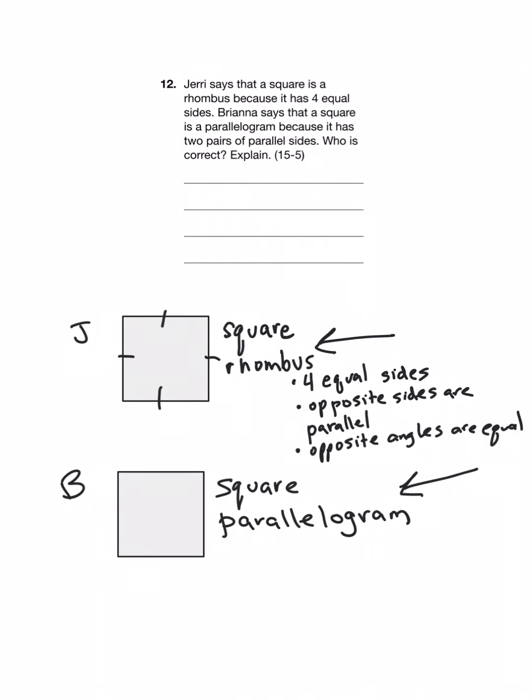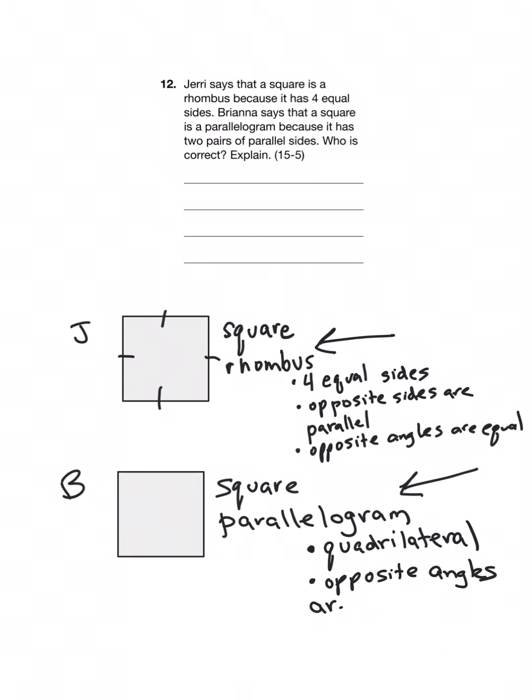Now let's consider the definition of a parallelogram. In order to be classified as a parallelogram, a shape must be a quadrilateral, meaning it has 4 straight sides. It has to have 4 angles, and opposite angles have to be equal to one another, or congruent would be another way to say it.